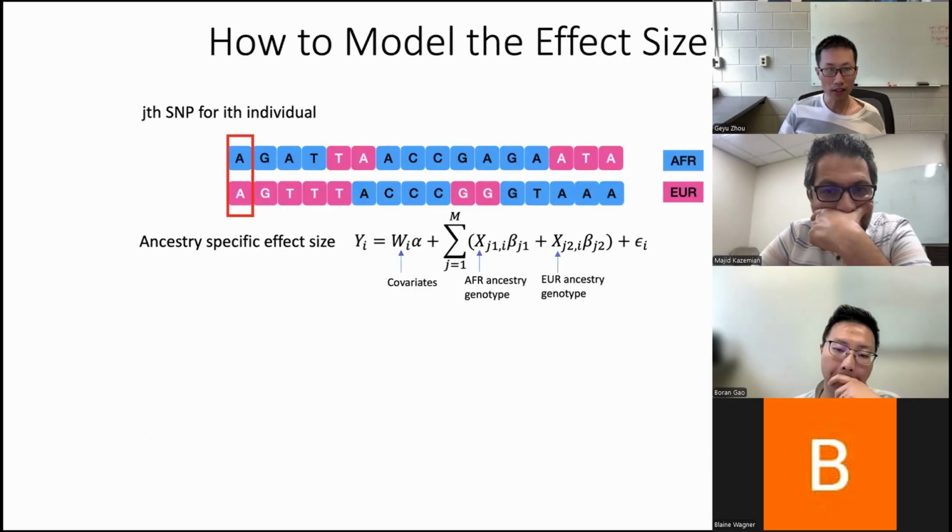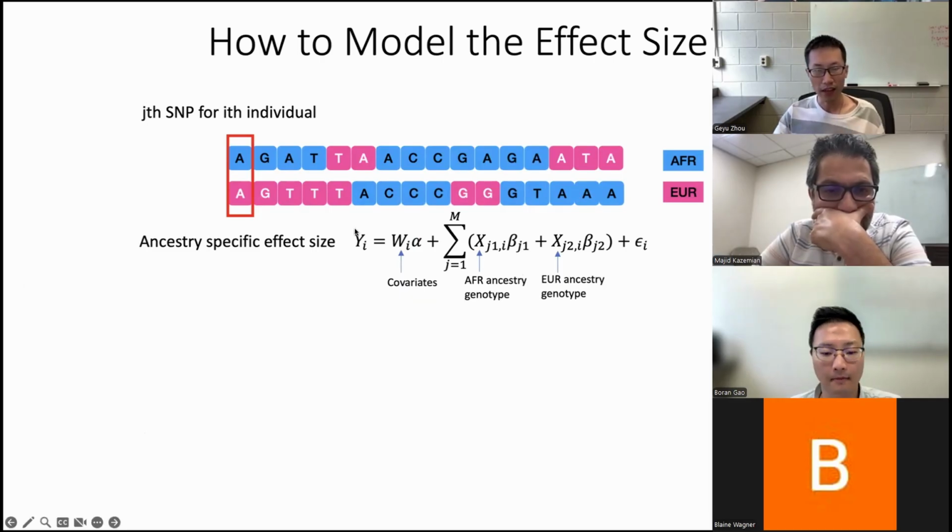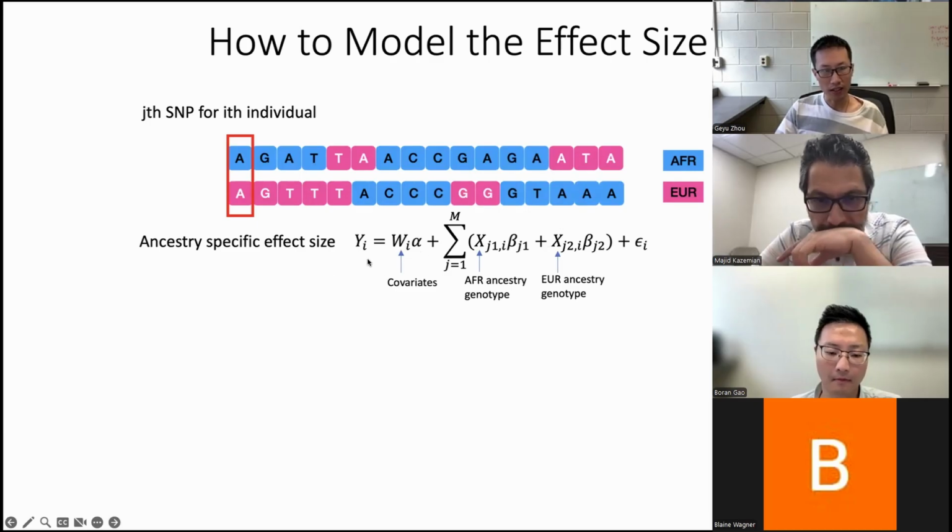In order to handle this kind of local ancestry information, we can think about how to model the effect size in these scenarios. One way is to assume that the effects really differ across different ancestry backgrounds. So here is a linear model that links the ancestry-specific genotypes to the phenotype.